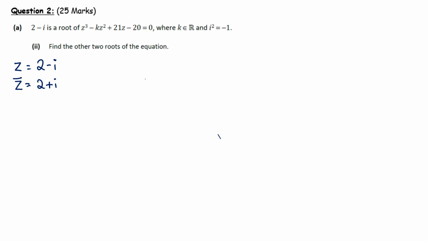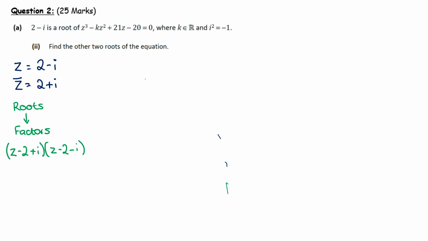So effectively I have two roots, and what you could do is, I'll kind of write this out. We've done it a few times, but it's not particularly nice. So you have roots, you change it to a factor, and then you multiply them together. But when you change them to factors, what you get is z minus 2 plus i times z minus 2 minus i, and it's just not very nice because it's 3 by 3.